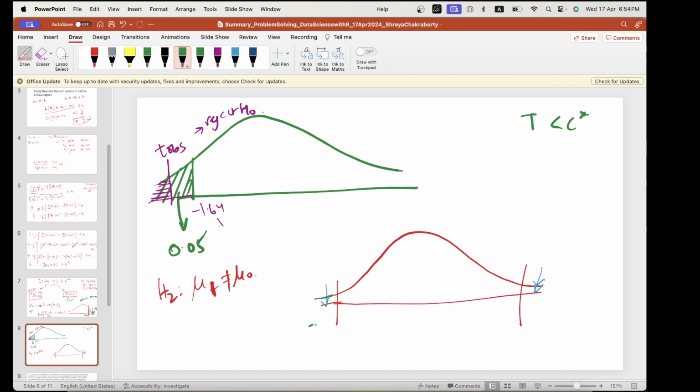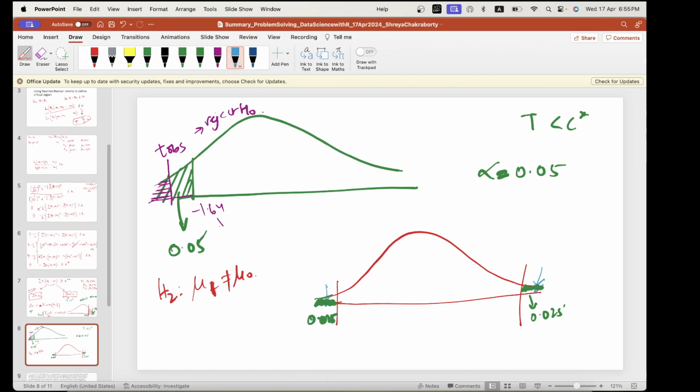So whatever, if this is minus 1.64, this will be plus 1.64. Sorry, this will be. So you have to devise it in such a way that your total alpha is 0.05. So you have to distribute this area between the two extremes. All right. So this area shaded in green will be 0.025, and this area will also be 0.025.